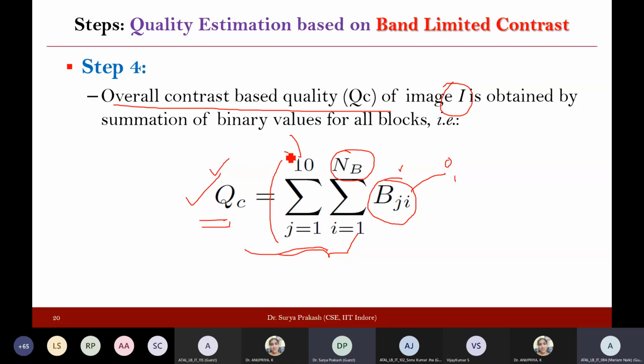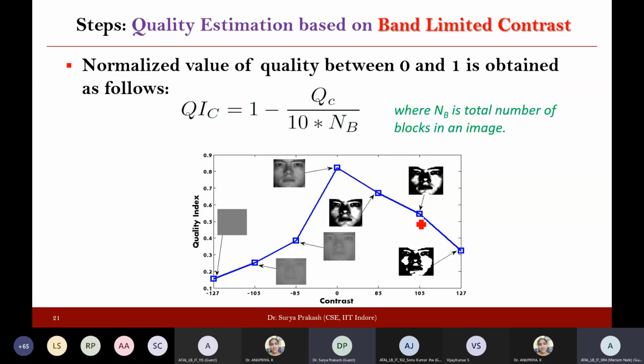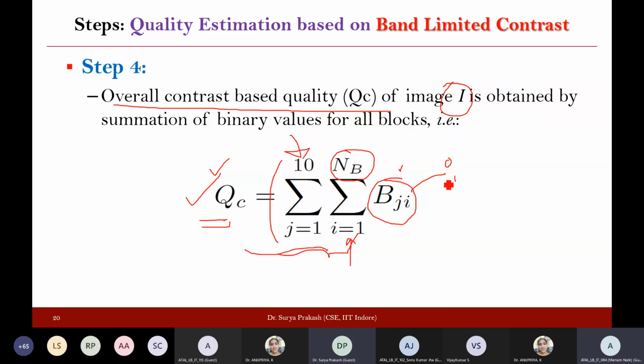Outer loop ranges from j equal to 1 to 10, and this inner loop ranges from I equal to 1 to NB. So we have total number of blocks as 10 into NB. And QC will be counting how many, because here we are summing 0 and 1.